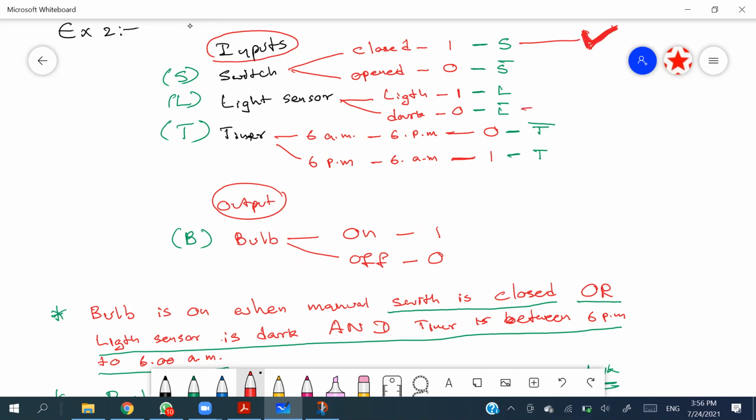Light sensor is dark means this one should be satisfied. With what? With timer is on. That means this one should be satisfied. Right? So light is on because either the switch is on or because of these two.